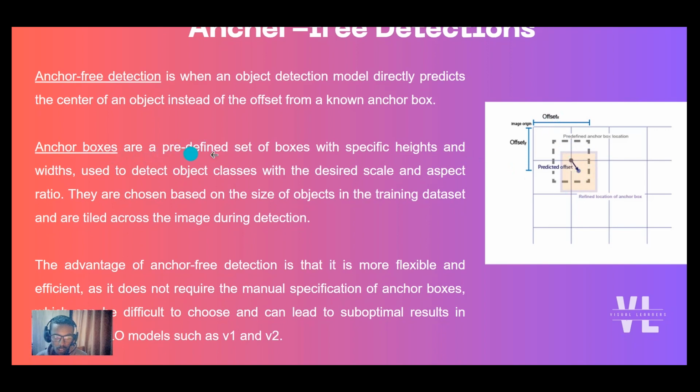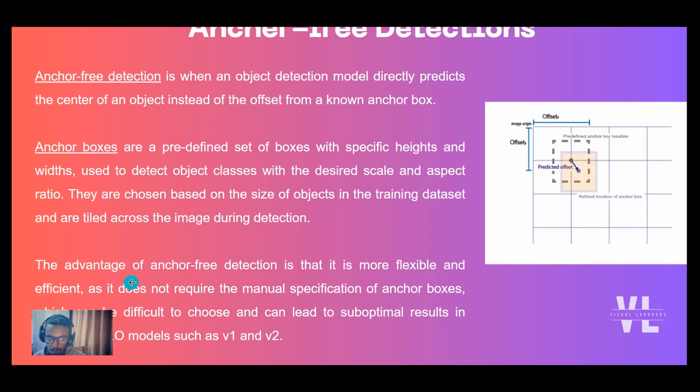And anchor boxes are predefined set of boxes with specific heights and widths used to detect object classes with a desired scale and aspect ratio. They are chosen based on the size of the objects in the training dataset and are tiled across the image during detection.